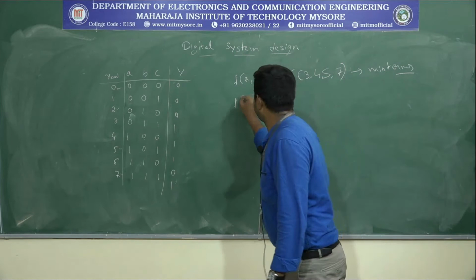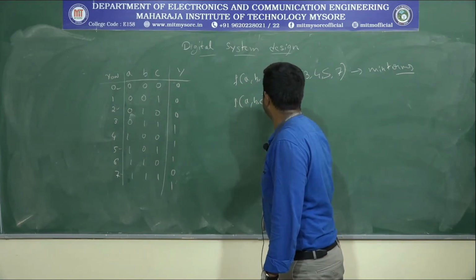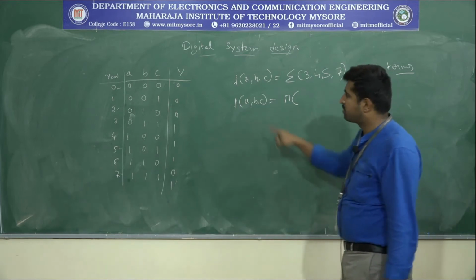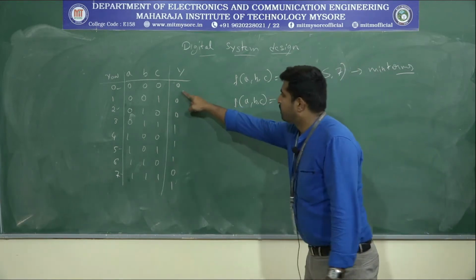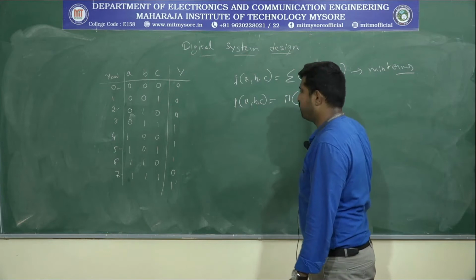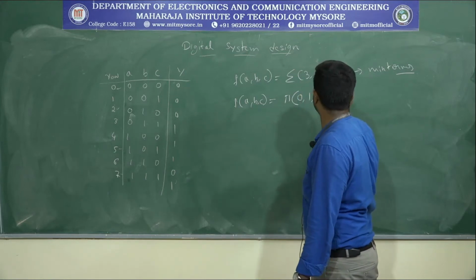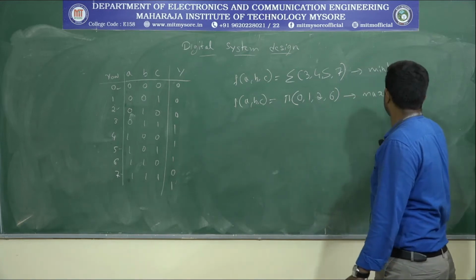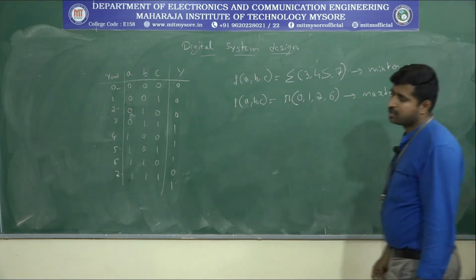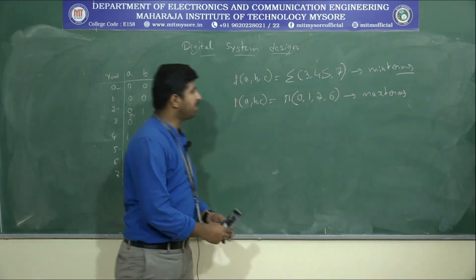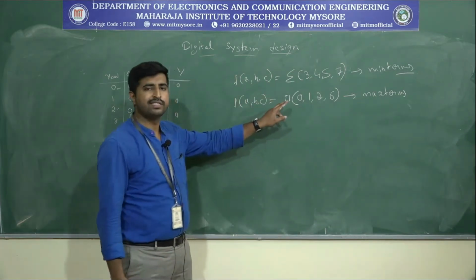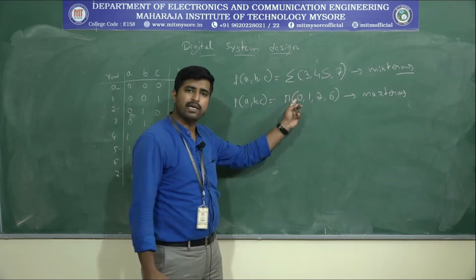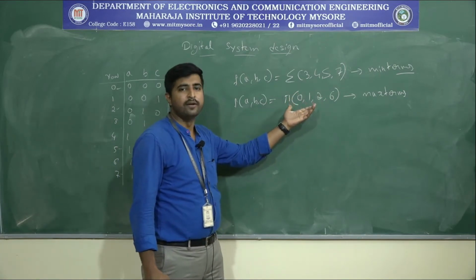Next, f of a, b, c equals pi of, pi corresponds to the max term, that is here 0, 1, 2 and 6. So this corresponds to the canonical max term equation. If you see the min term equation and the max term equation, wherever the min terms are expressed, the missing ones come in the max term equation.